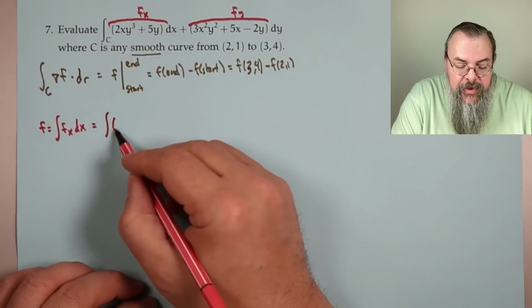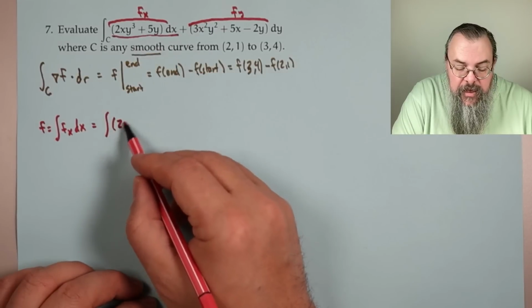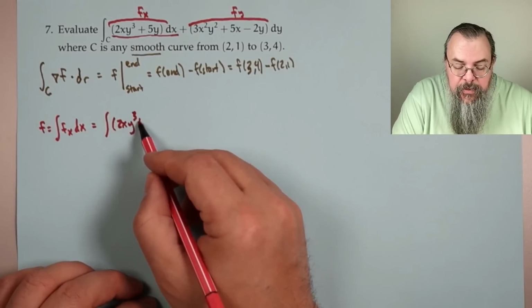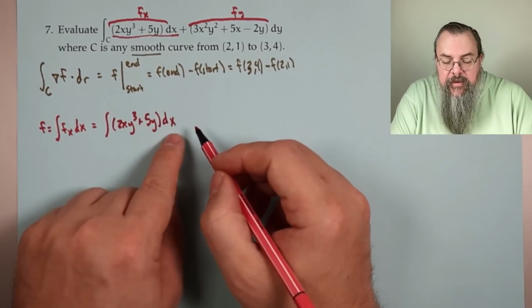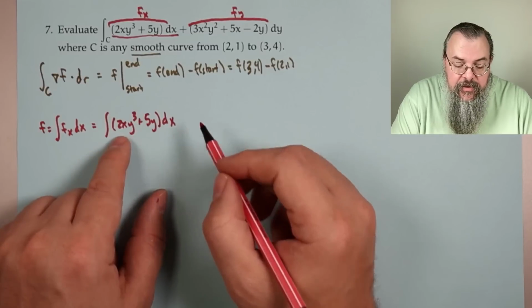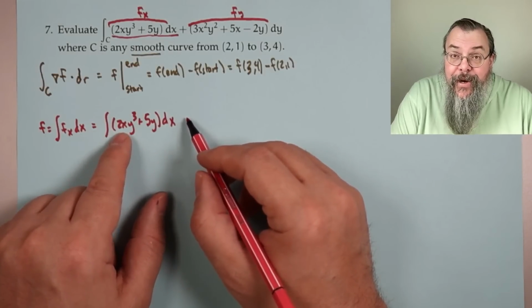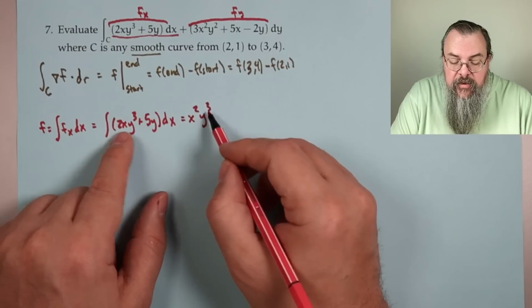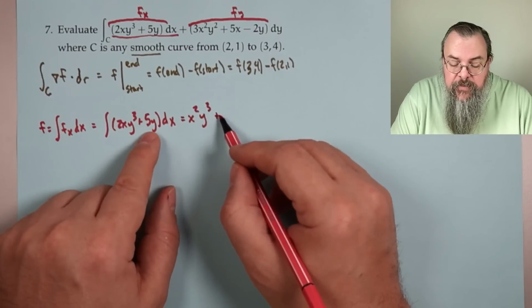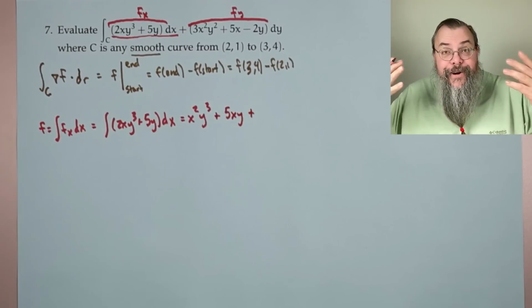So we're doing the integral, and I'm just going to copy this whole thing: 2xy cubed plus 5y dx. So x is the variable. Treat any y's like constants. So in the first part, that's going to be x squared y cubed. All right, no worries. And in the second one, 5y, it's all constant. So 5xy plus our constant.